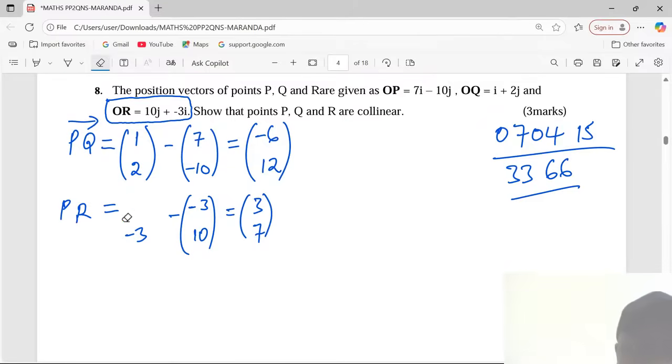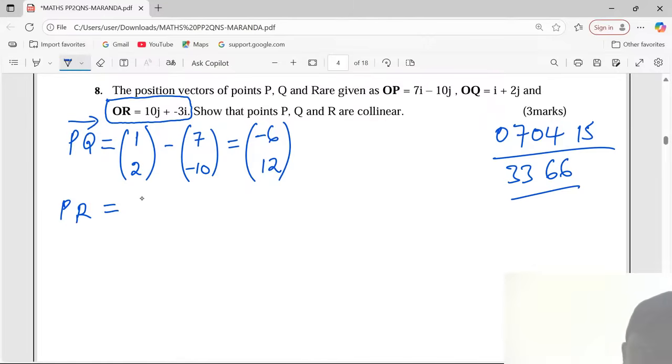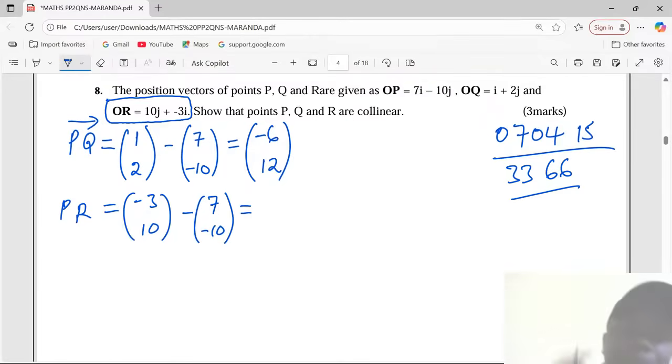Therefore, let me now re-express PR. So PR, I start with R, (−3, 10), then P, (7, −10). I think that was the issue.